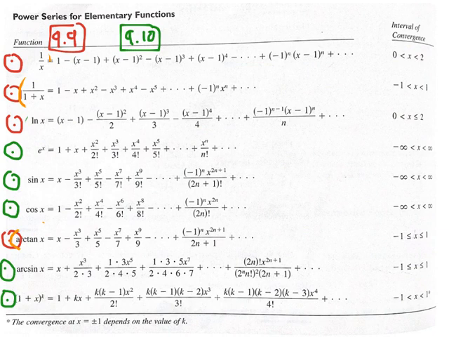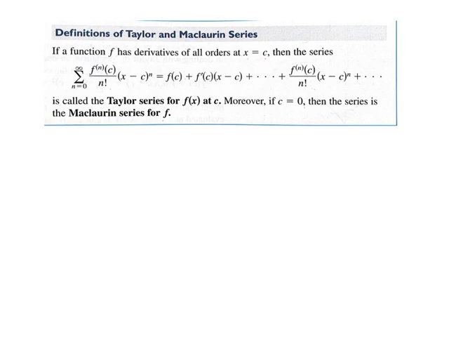Yesterday, we looked at how to come up with a Taylor series that represents the function sine of x, and we began as follows. We began by using this definition of Taylor series to derive a Taylor series centered at 0 from the function sine x.